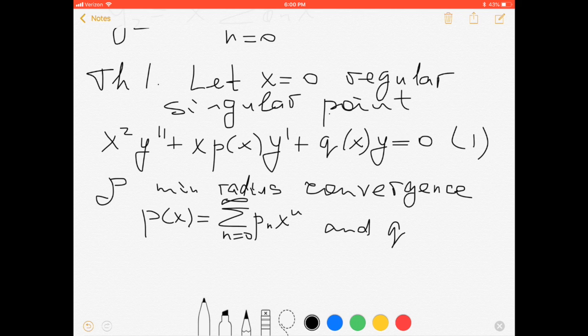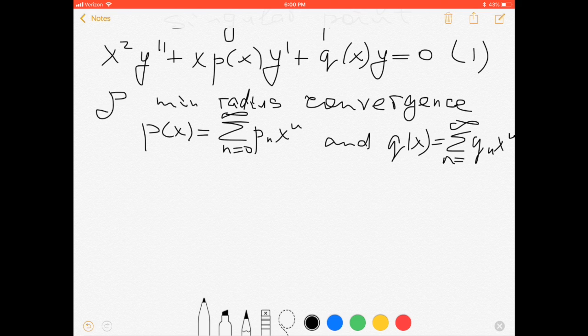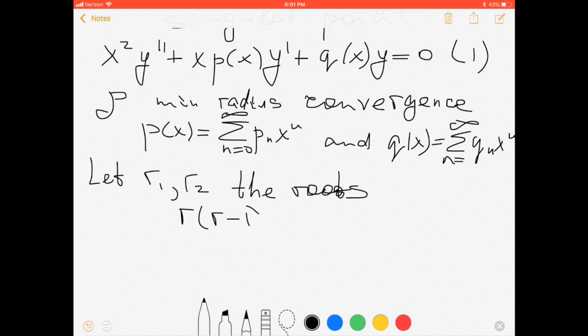Let r1 and r2 be the real roots of our equation r(r minus 1) plus p0 r plus q0 equals 0, and let r1 be greater than or equal to r2.